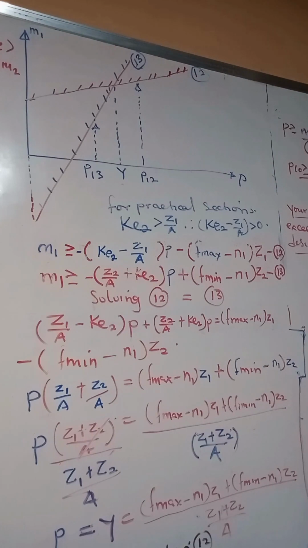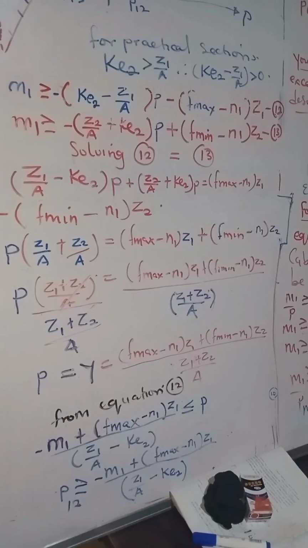So to solve for pre-stressing force lesser than Y, we solve for P for equation 13. Also, to solve for pre-stressing force greater than Y, we solve for equation 12. All right.